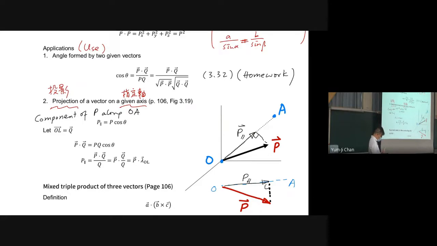If the angle between OA and P is theta, now P parallel is equal to P cosine theta. Is that okay?